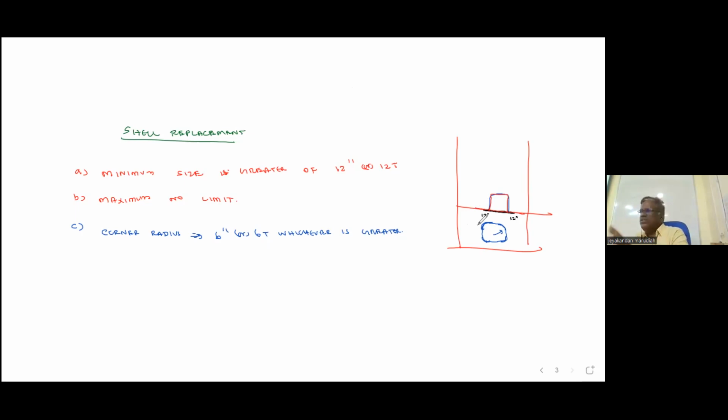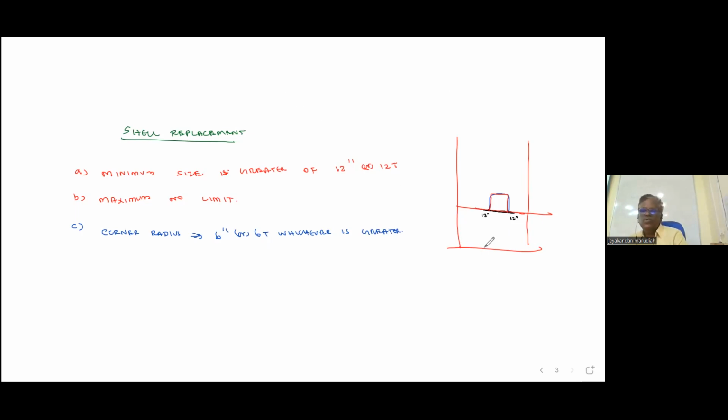These are open book only. Another one is if you are making a joint with the shell to bottom. Suppose you are making a shell-to-bottom weld with a replacement plate. Very important, this should have a tombstone shape.